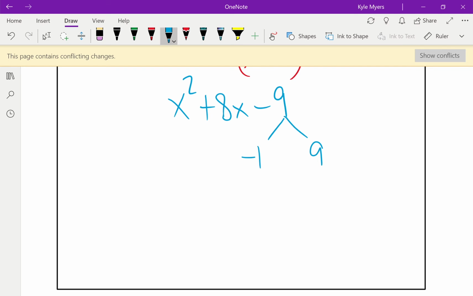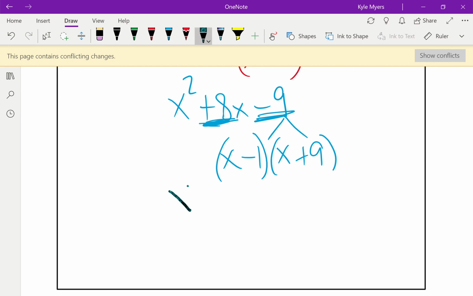Let's make the 1 negative and see if that works. Negative 1 times 9 is negative 9, and negative 1 plus 9 is positive 8. So that works. Throw some x's in front, and I'm done.